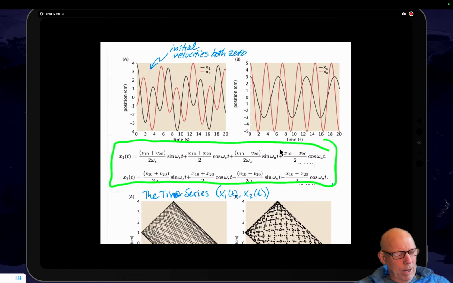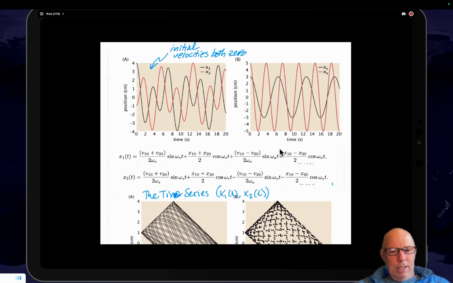So what we find is that x1 and x2 of t are a mixture of the symmetric terms, the root k over m terms, and the antisymmetric terms, the root 3k over m guys.